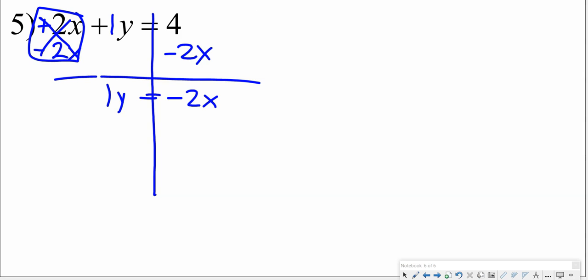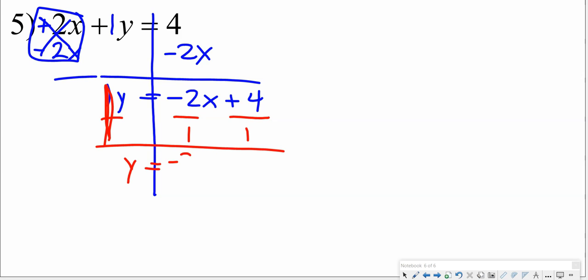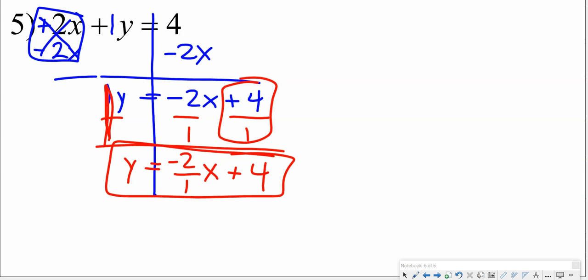So negative 2x plus 4. We're going to divide by that 1. Our opposite operations are gone. We're left with y. And this is the reason why I did it, because I wanted negative 2 over 1, because I want the rise over the run for when we graph. And 4 divided by 1 is 4. And there you go. All right.